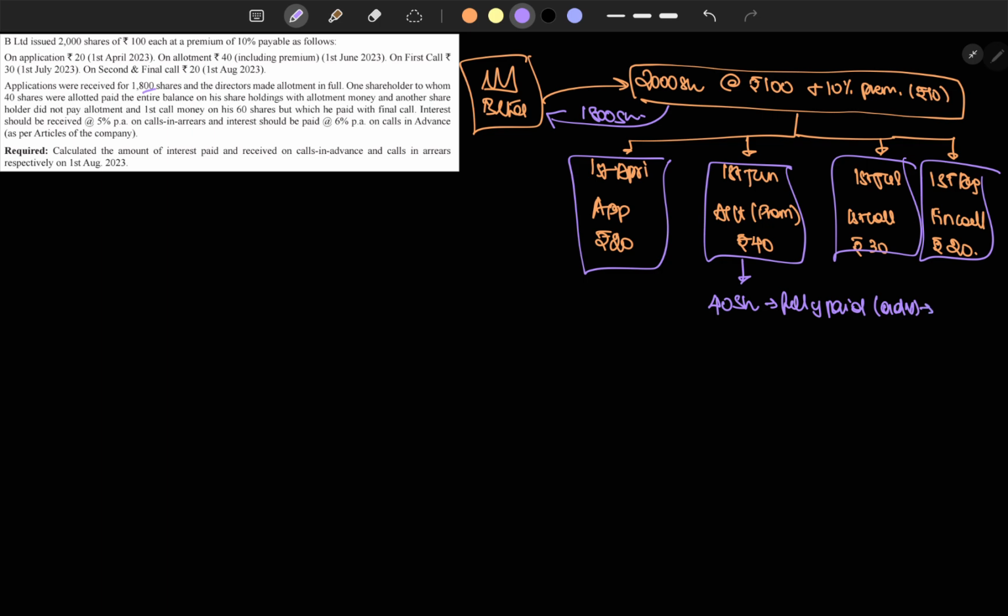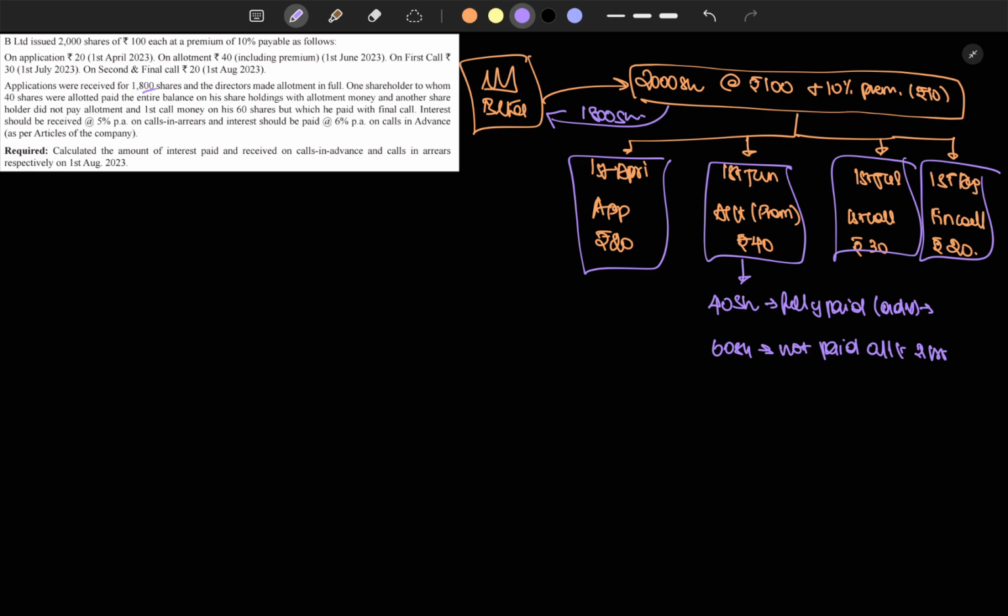Another shareholder did not pay allotment and first call on his 60 shares, but paid the entire amount with the final call.